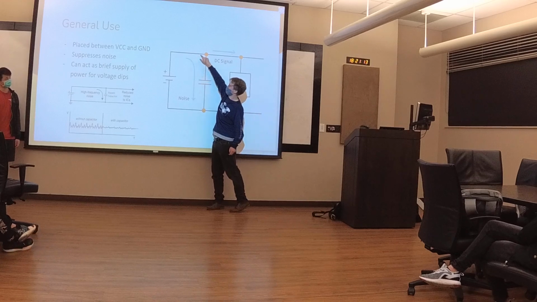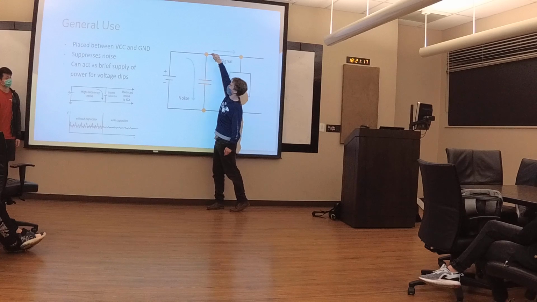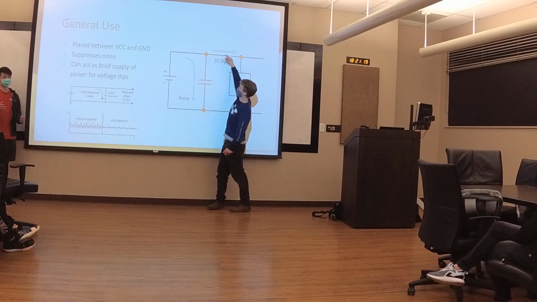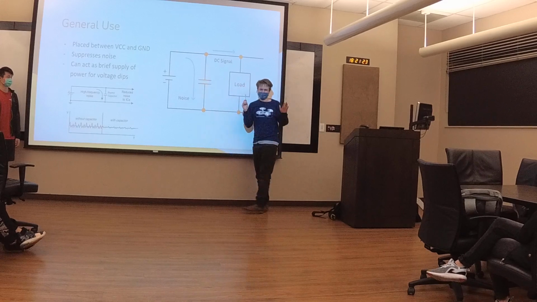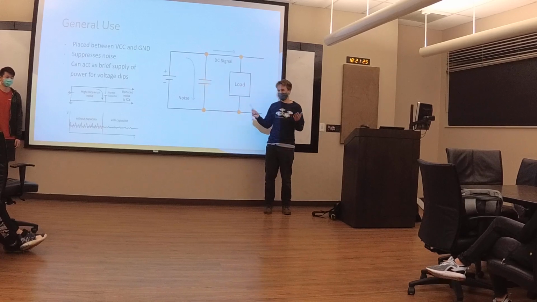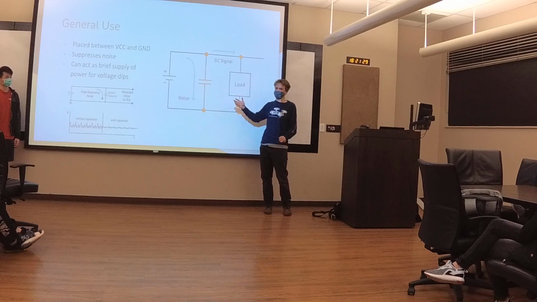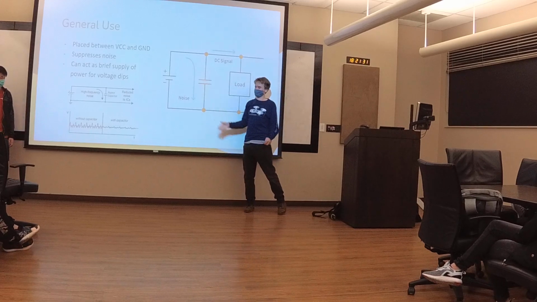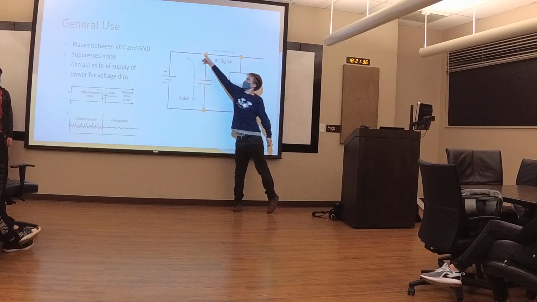Then you have a dip down. As the dip passes, the capacitor is essentially going to raise it up a bit, using the charge that's stored in the capacitor. Now that's a very bad way of thinking about it. The better way is obviously to think of it with impedance. That being said, I think this way is more intuitive, where this essentially works as a reservoir and can give a little or take a little depending on what's going on here.